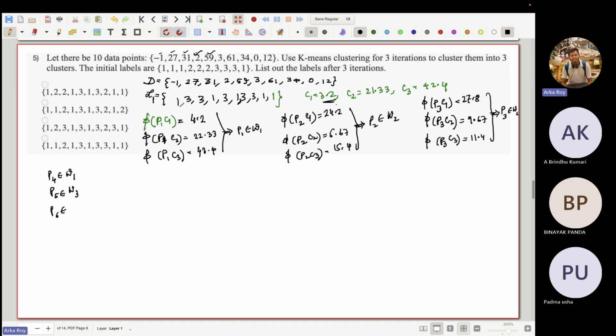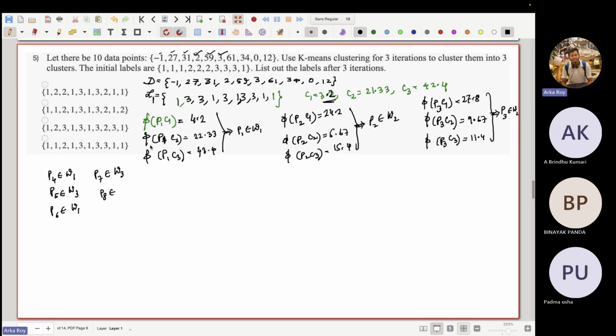Obviously it is residing beside 3.2, so I can directly write it belongs to group 1. Then P7 is 61. Again, 61 is residing beside 42.4, because in other cases the distance value will be higher than for C3. So it belongs to omega 3.